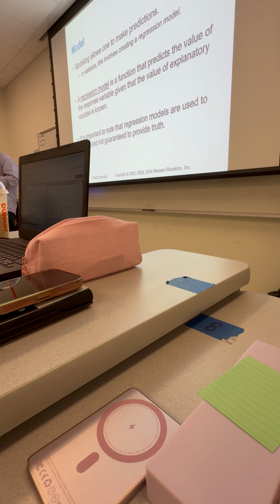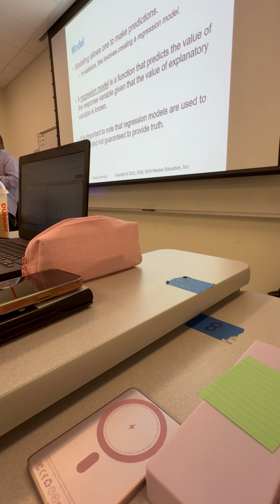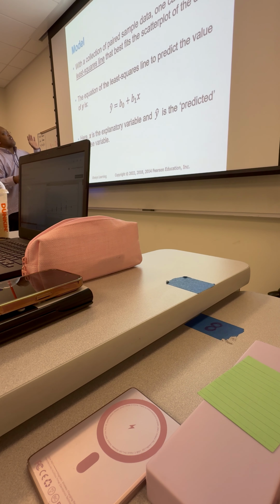Some models I've seen predicted perfectly for some cases, and for other cases were off by a little bit. We want models to predict fairly well, but they're never going to be pitch perfect, predicting perfectly for every case.